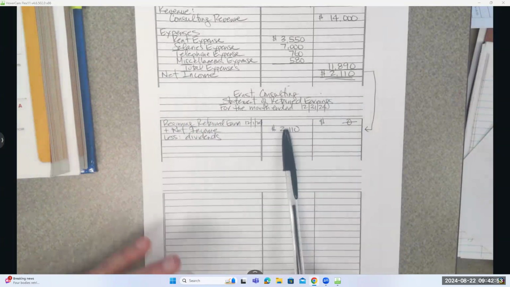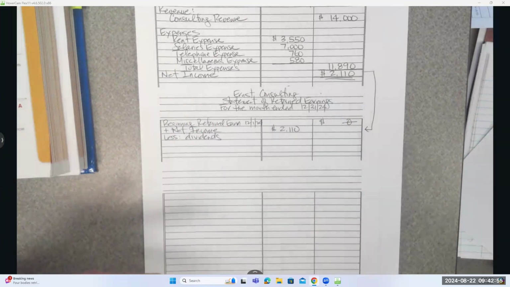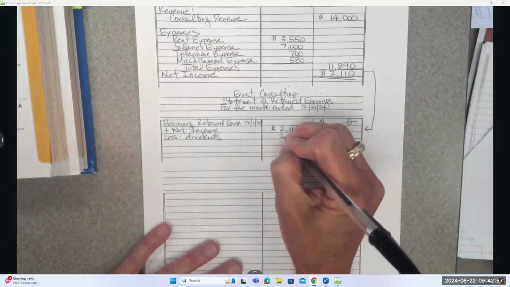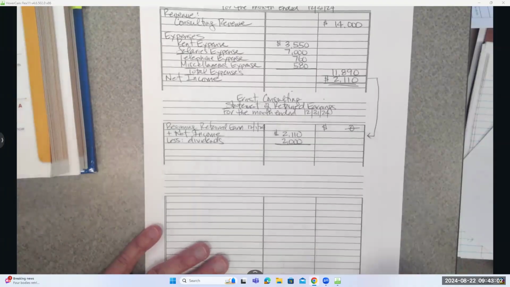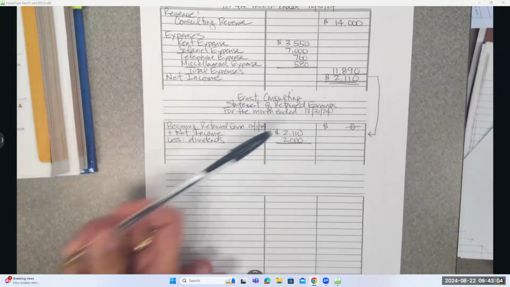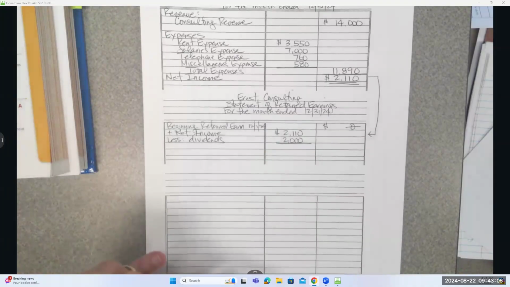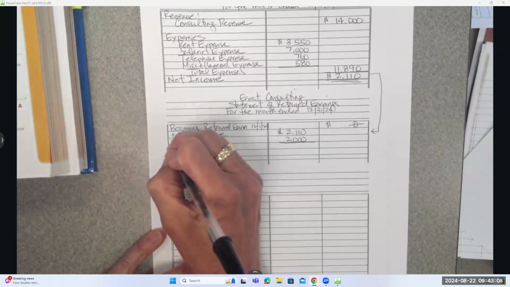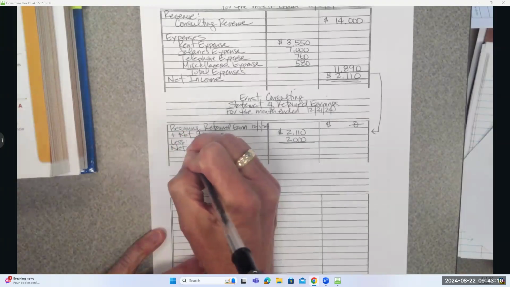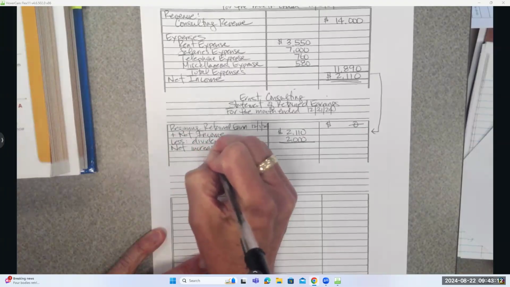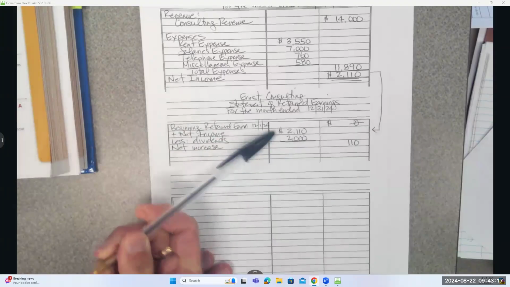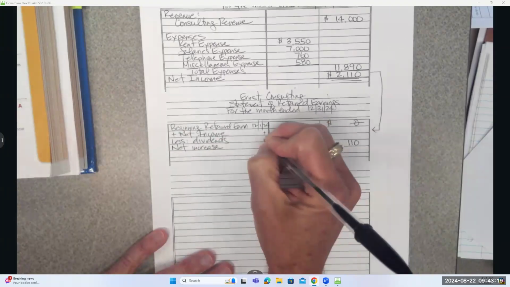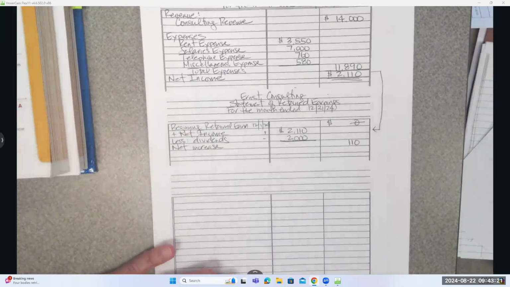We earned this much, but of that we paid out 2,000 in dividends. So how much of the net earnings did we retain? That is 110, a net increase of 110, because the net income is an increase, the dividends are a decrease.